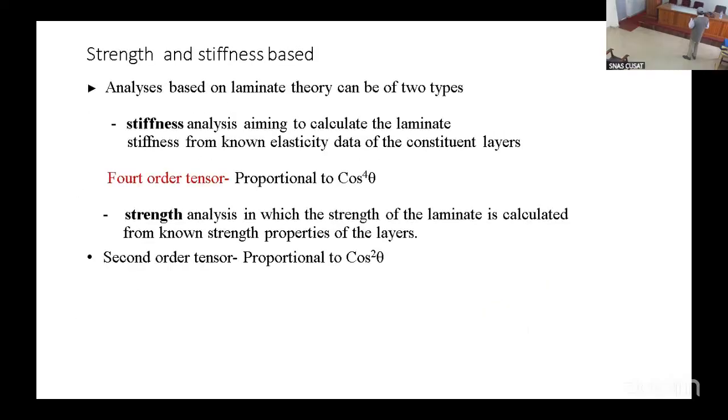So strength and stiffness based analysis: the analysis is generally based on stiffness or on strength. These are two things. Can you give me an example for strength based design? I will give you a clue: top. Where will you hear this sound?